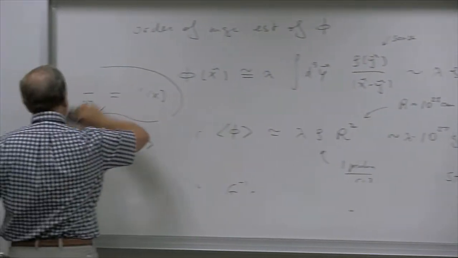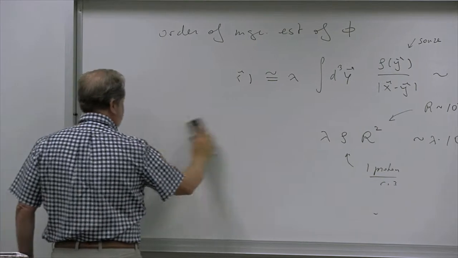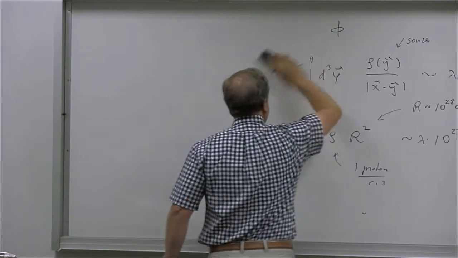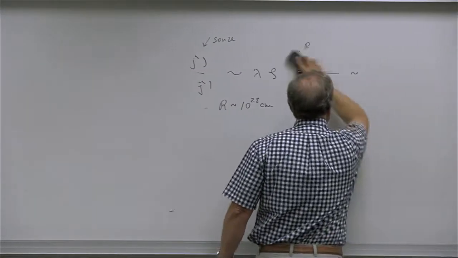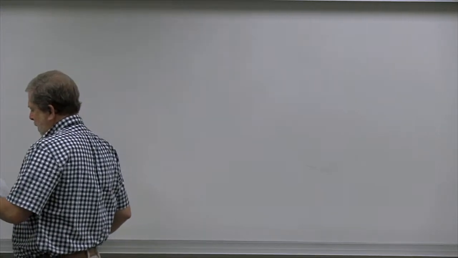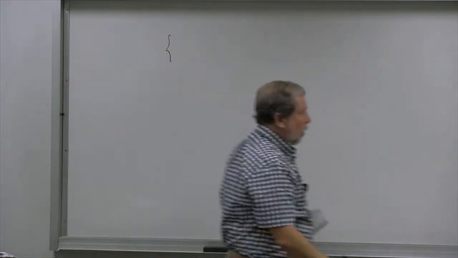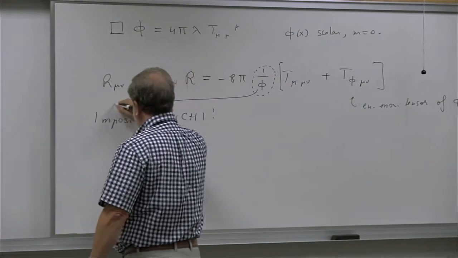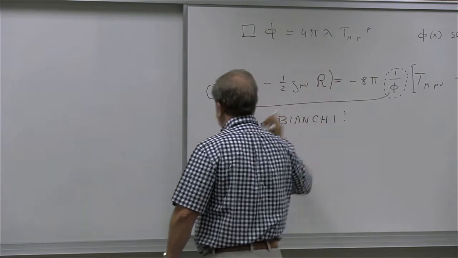Now, it will be more convenient to impose the Bianchi identity if we bring the phi field over on the left-hand side. So we're going to do that first. We are going to take this phi field and bring it over on this side here, and multiply then this by phi.